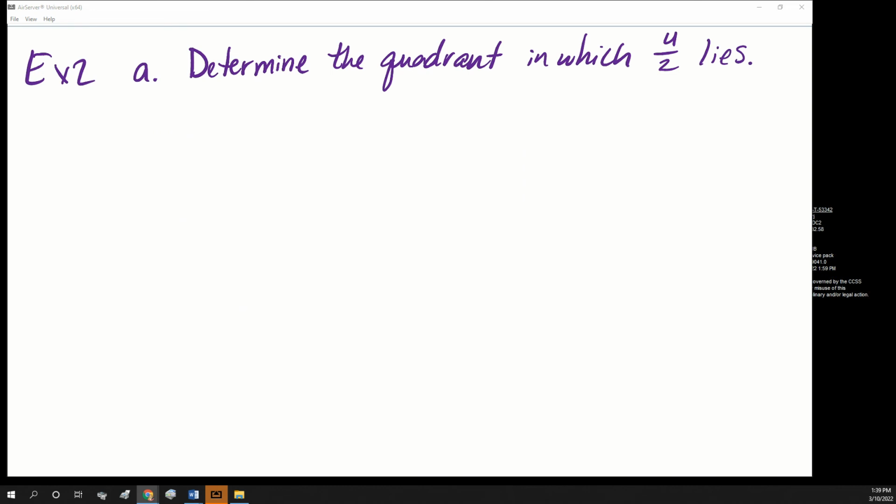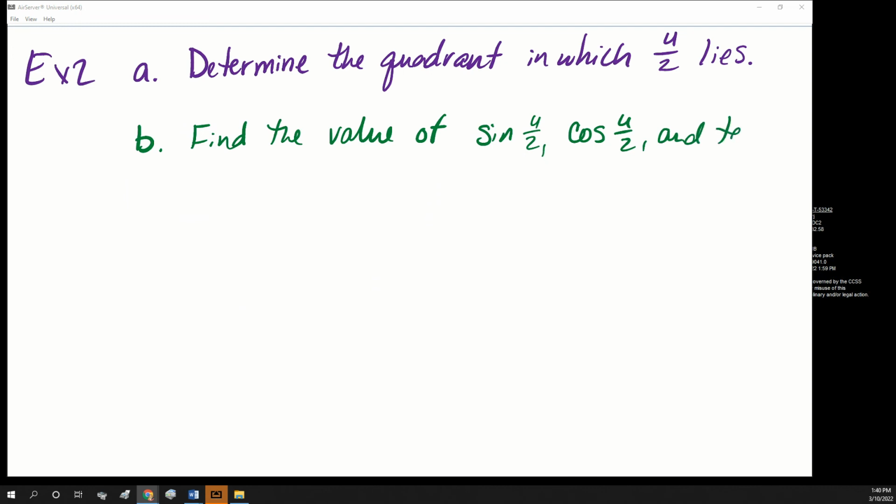And that won't take long. The big part of this question is the B part, which is to find the value of sine of u over 2, cosine of u over 2, and tangent of u over 2.